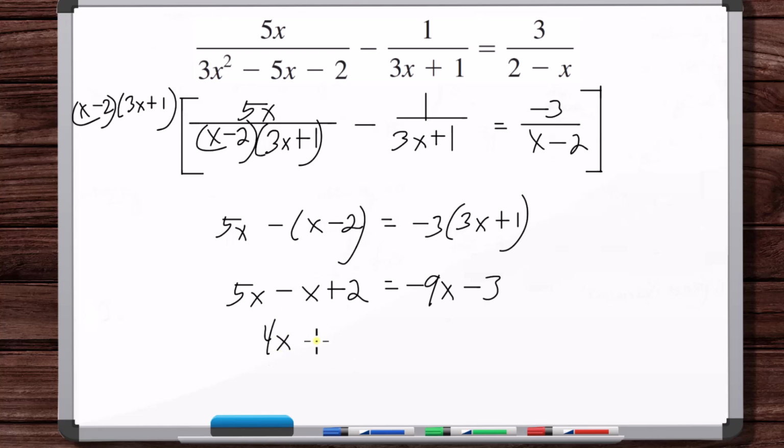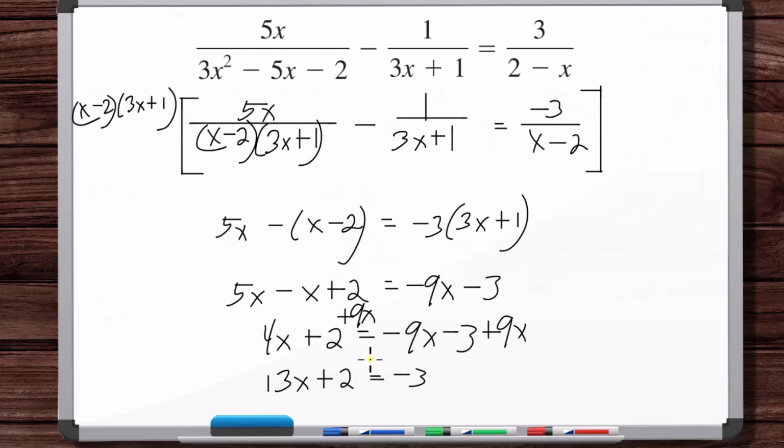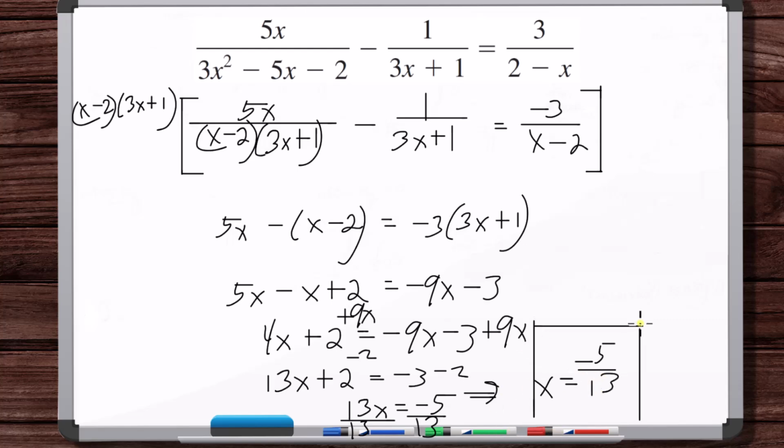So 4x plus 2 is equal to minus 9x minus 3. So now let's add 9x to both sides, and we've got 13x plus 2 is equal to minus 3. Subtract 2 from both sides. So 13x is equal to minus 5. So now divide both sides by 13, and we've got x is equal to minus 5/13. And that checks out. We see that x just couldn't be minus 1/3 or 2.